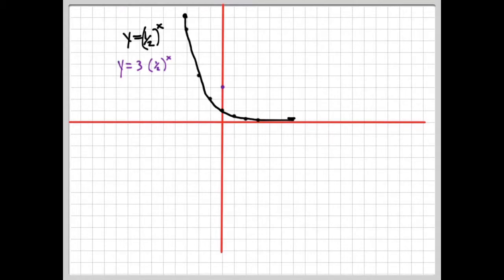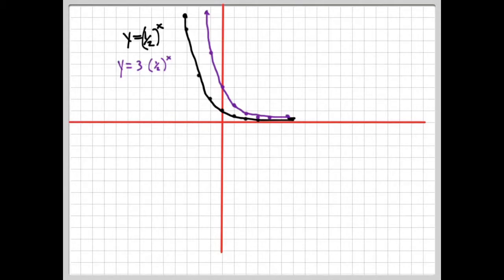But again, since our base is 1/2, as we go to the right, we multiply by 1/2, going from 3 down to 1.5, down to 0.75, and down to 0.375, and so on. As we go to the left, we're dividing by 1/2, which is the same as multiplying by 2, taking us from 3 to 6, and our next point would be 12. So as you can see, this is a vertical stretch of the graph y equals 1/2 to the x. It's as if I took my original function and pulled it upwards.